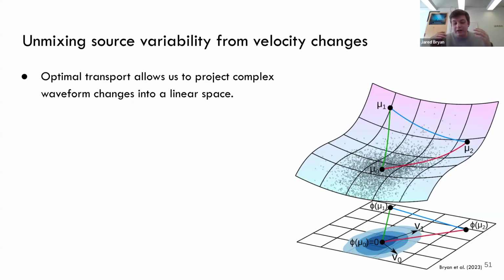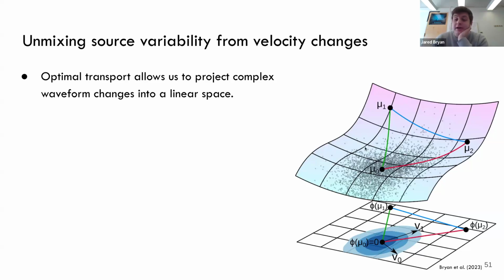And by choosing a metric, you're giving this space of waveform variations a geometry. And you want to choose a geometry that simplifies your problem. So by choosing this optimal transport metric, we're essentially saying each of these receiver functions lives in this complex space, and they vary along multiple dimensions in a nonlinear way. There's some mixture of back azimuth variation and velocity changes.